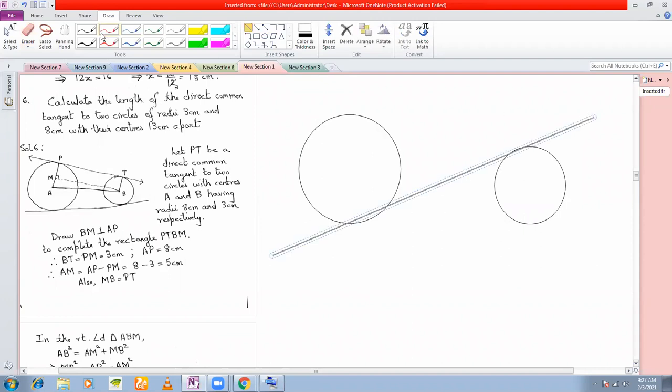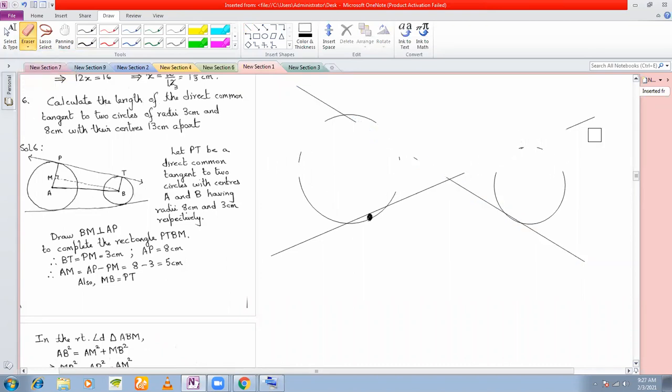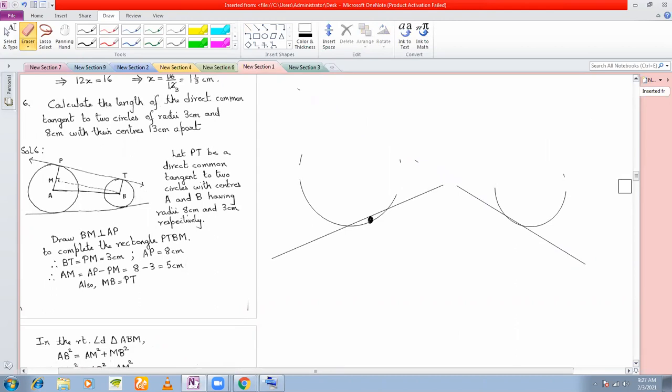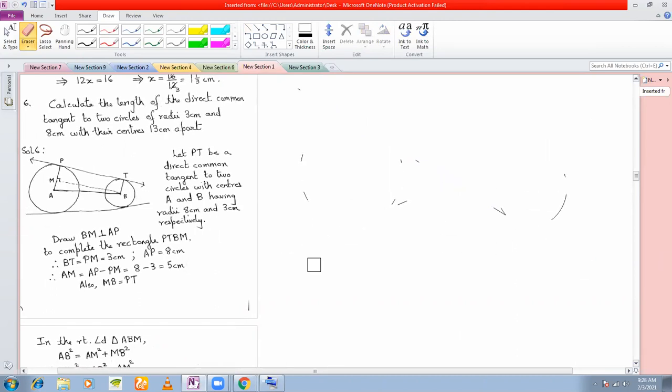Okay, if I consider this to be a point here, point of contact, although it looks like a chord, but I did not intend to draw. This is a very rough diagram. Even this kind of a tangent is called a transverse common tangent. Okay, so there are two kinds of tangents to two circles.